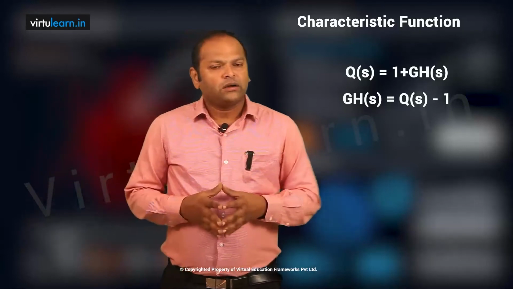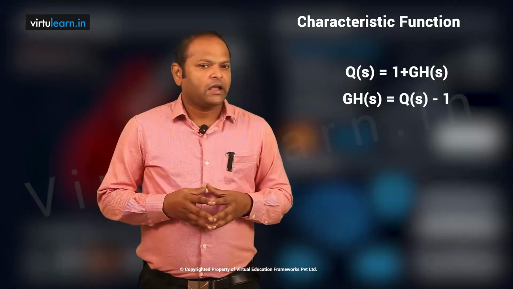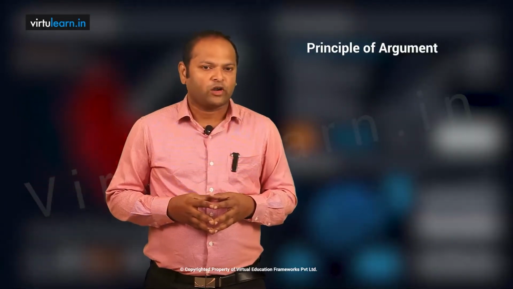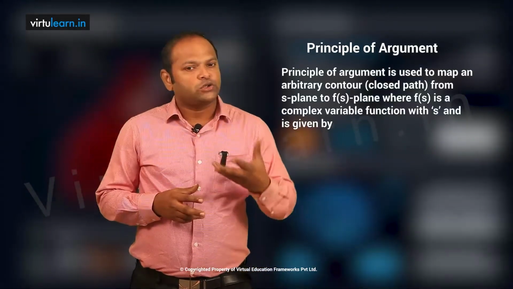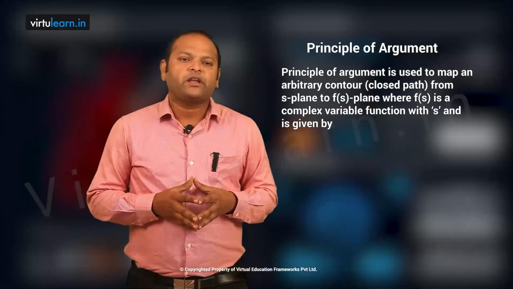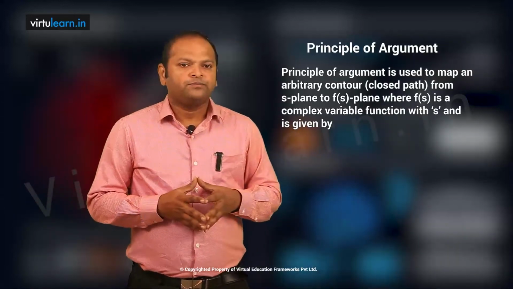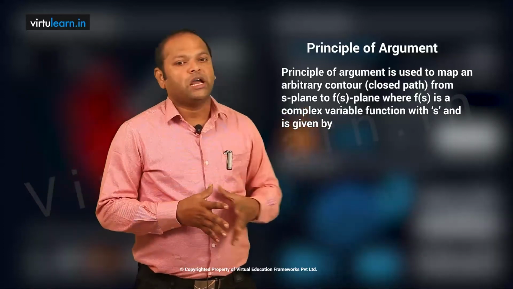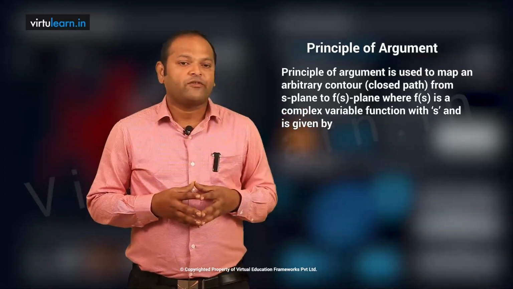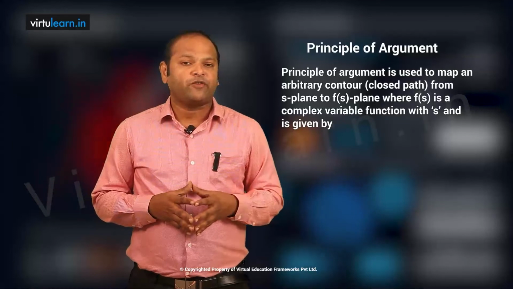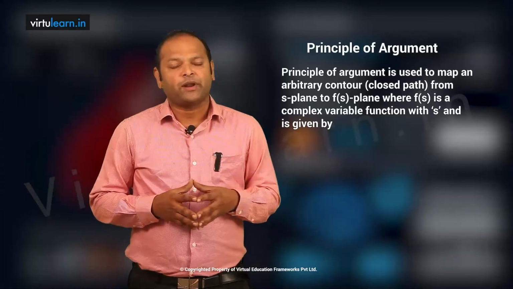Now we know that the Nyquist stability criterion uses the concept of the principle of argument. Let us look at what the principle of argument is. I'll give you the statement first, then we'll see the analysis. The principle of argument is used to map an arbitrary contour, that is a closed path, from the S plane to the F of S plane, where F of S is a complex variable function with S as a variable parameter.